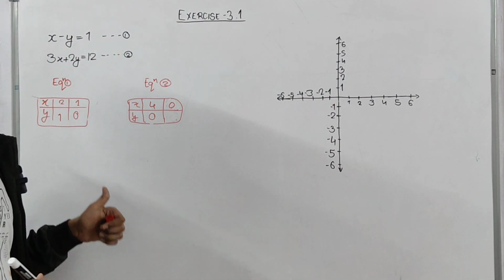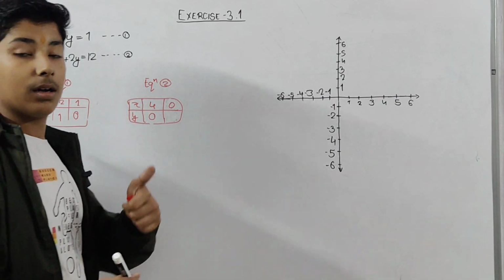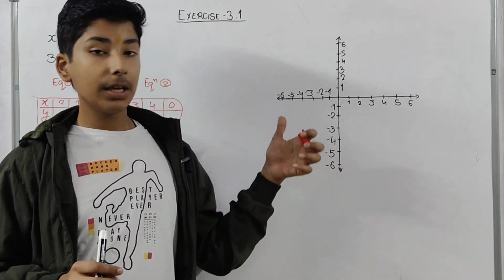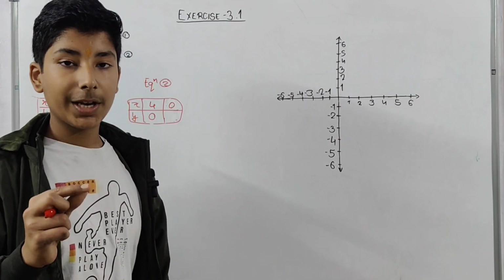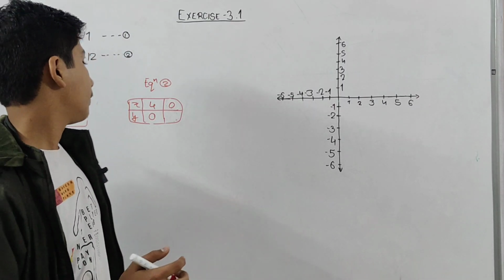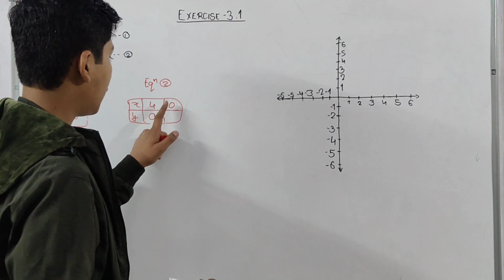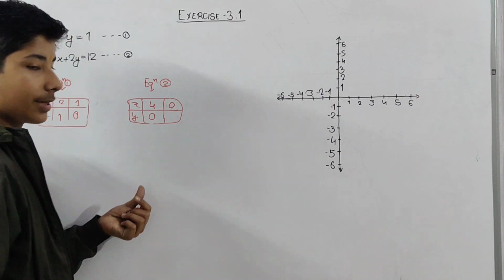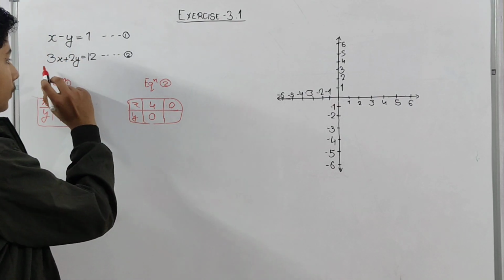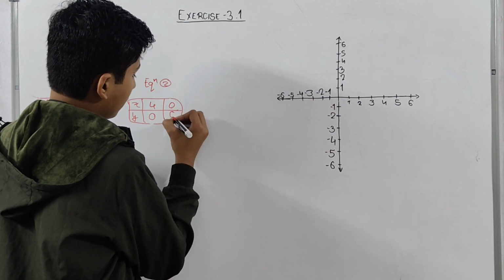We have to try values of x and y such that the numbers are not in terminating or repeating decimals, basically natural numbers, whole numbers or integers. So here if we put 0, 2y will be 12, meaning y will be 6.